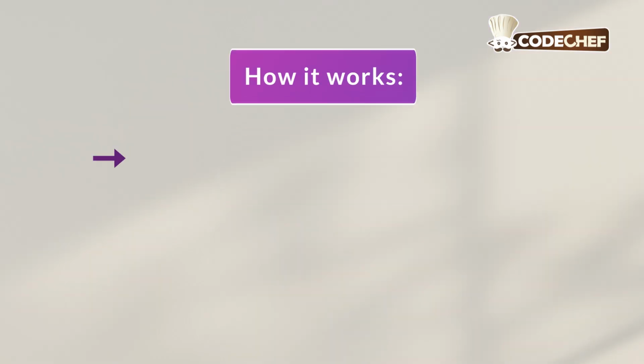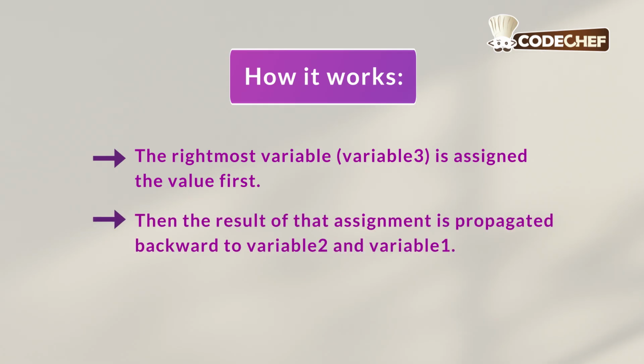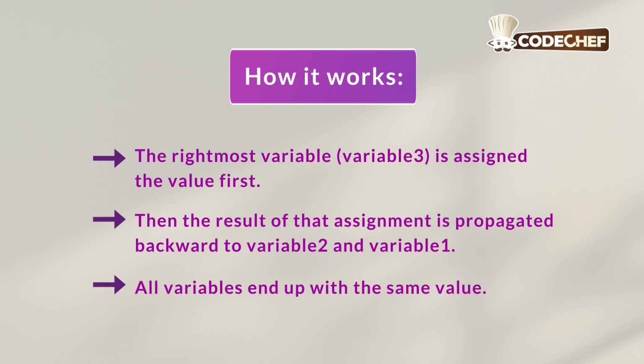Now let's see how it works. So the rightmost variable, that is variable 3, is assigned the value first, and then the result of that assignment is propagated backward. That means to variable 2 and then variable 1, and all these variables end up with the same value. Now let's go to the CodeChef platform and see an example to learn how to use chained assignments in C++.